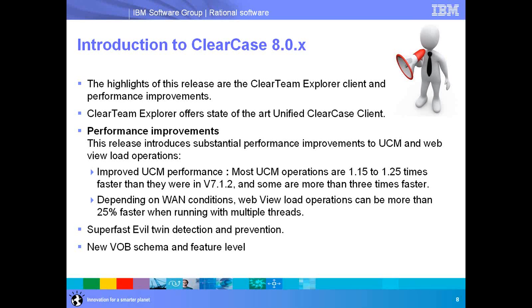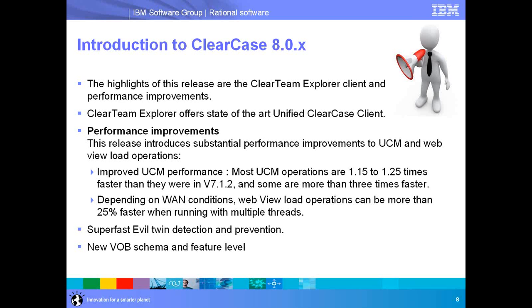Coming to WAN-based access, that is based on CTE and CCRC WAN, it is almost 25% faster compared to the older versions, because we have introduced the multi-threading concept in ClearCase 8.0. That is a major contribution which has helped in improving the performance.